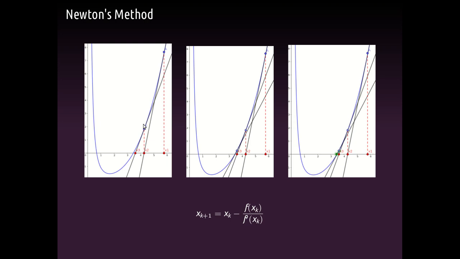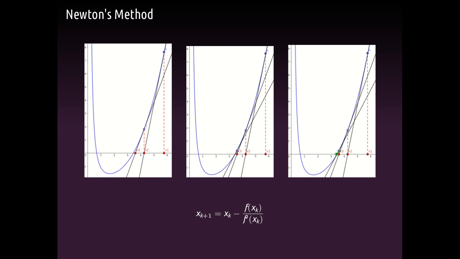Now we draw another vertical line and compute again f of x2 and f dash of x2. We obtain x3. So after very few steps, we will reach a point where we know that f of x at this point equals 0, and this is what we need to find the root of function f of x. So this is a very efficient way to find the roots of any function you have.